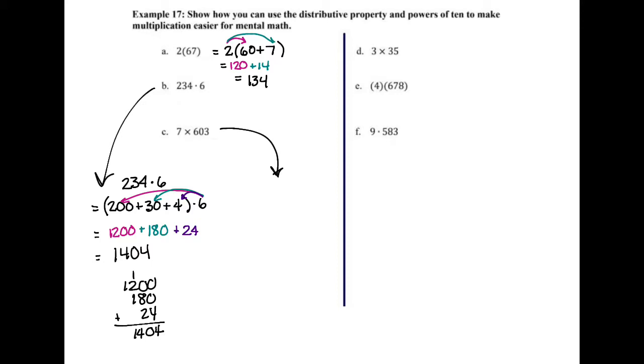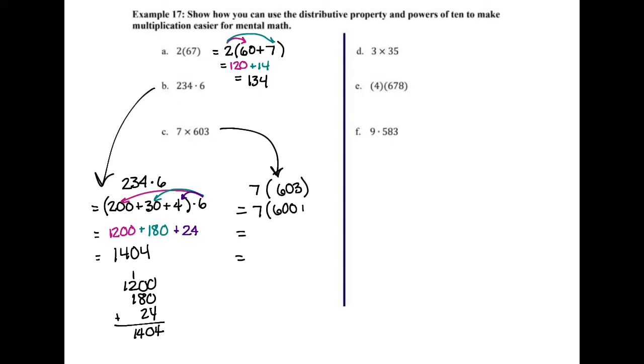Okay, next one is 7 times 603. And I should have used an X like they do, but I am so used to not writing X's anymore that I automatically change them. Okay, so put in a few equal signs so I don't have to keep changing colors back and forth. So now I'm going to write place values.